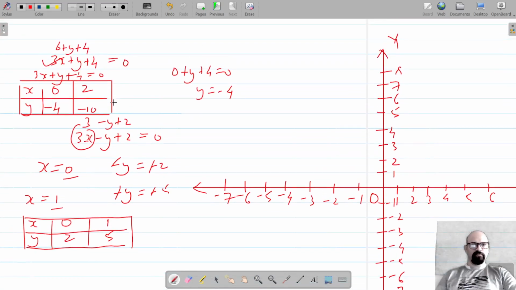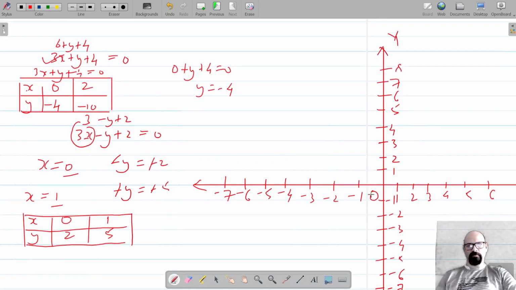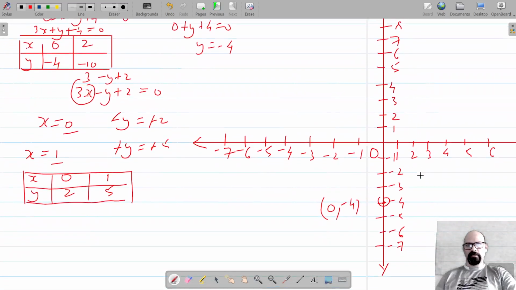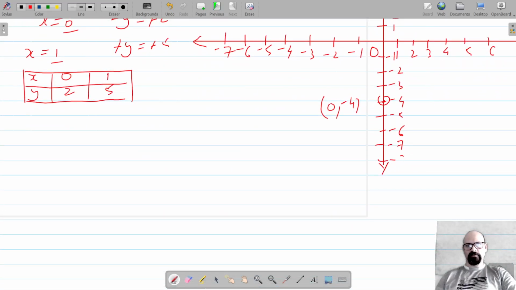For the first one, it's 0, comma minus 4. So 0, comma minus 4 is here. This is the point where x is 0. The next is 2, comma minus 10. So 2 and minus 10 should be, this is negative 8, this is negative 9 and negative 10. So 2 comma negative 10 is here.